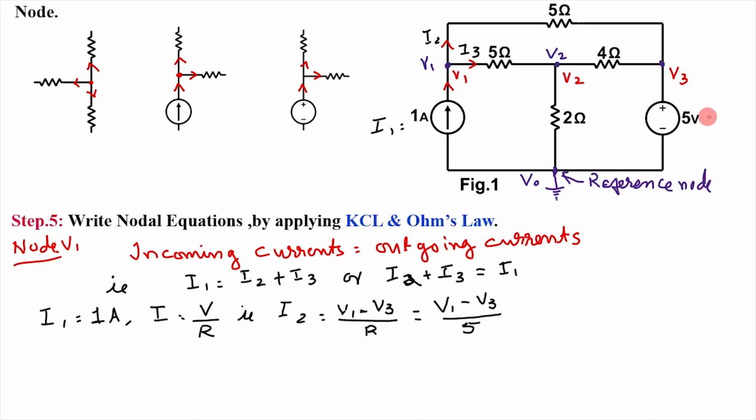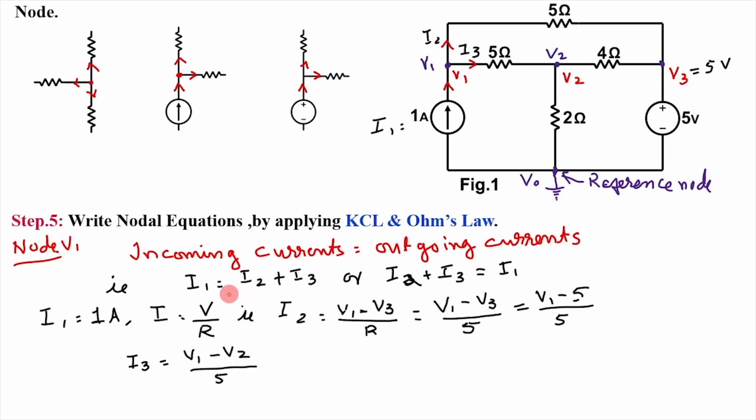It is given that here it is 5 volt, which is the same here, and V3 is 5 volt. So this is equal to V1 minus 5 divided by 5. And here this I3 is equal to the difference of these two voltages divided by the resistance. I3 is equal to V1 minus V2 divided by the resistance, which is 5 ohm.